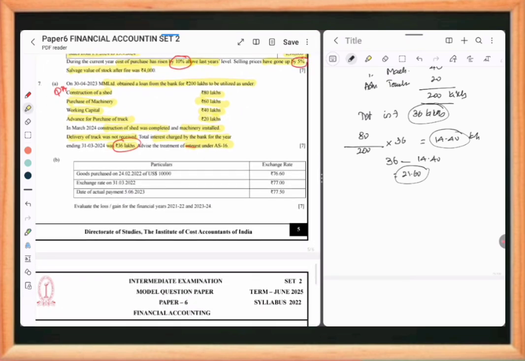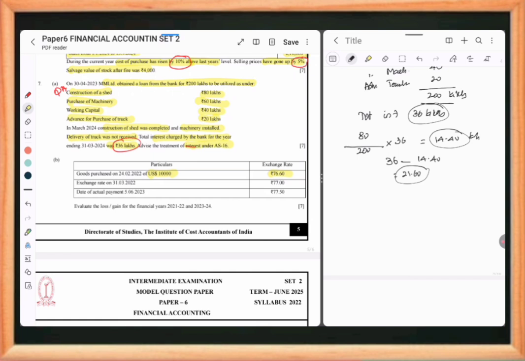And then goods purchased for US dollar 10,000, and the rate is 76.60. So exchange rate: if you want 1 US dollar, you have to pay Indian currency 76 rupees 60 paise. That is the exchange rate. So the exchange rate will be fluctuating.